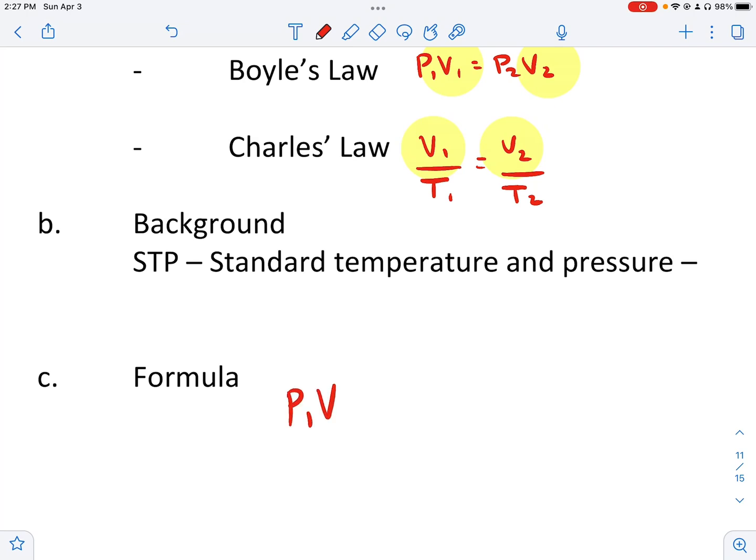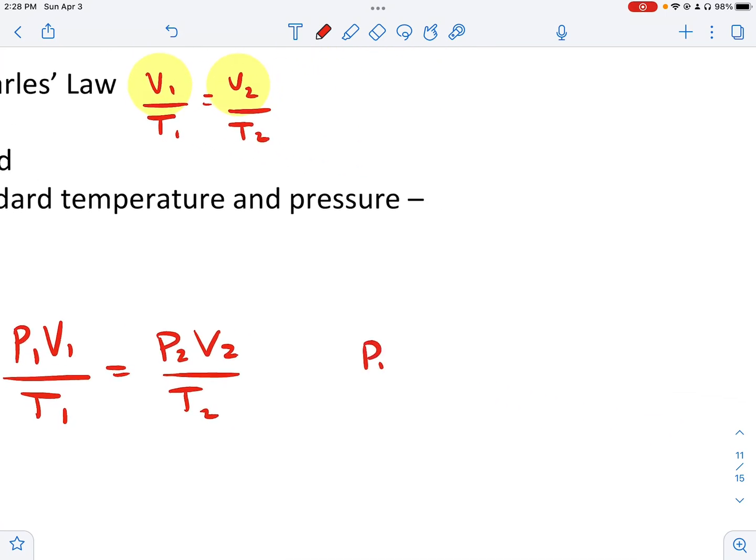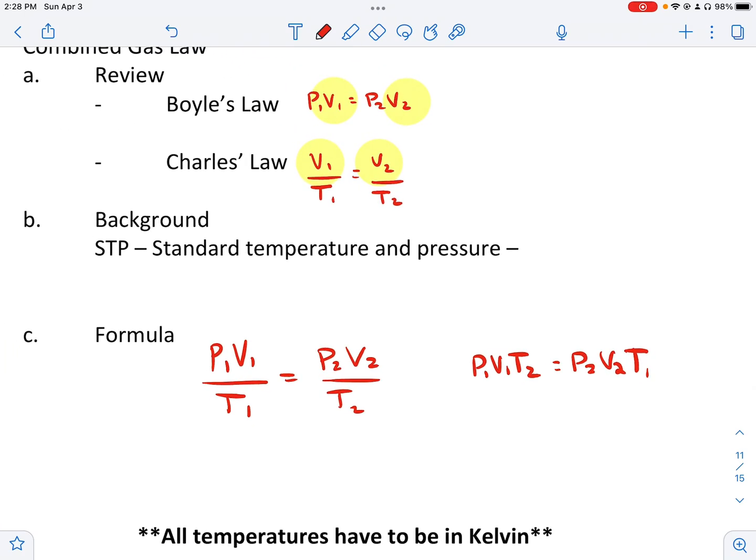The formula for the combined gas law is P1 V1 over T1 equals P2 V2 over T2. It is my suggestion that you write it P1 V1 T2 equals P2 V2 T1. That way you do not have to worry about fractions.